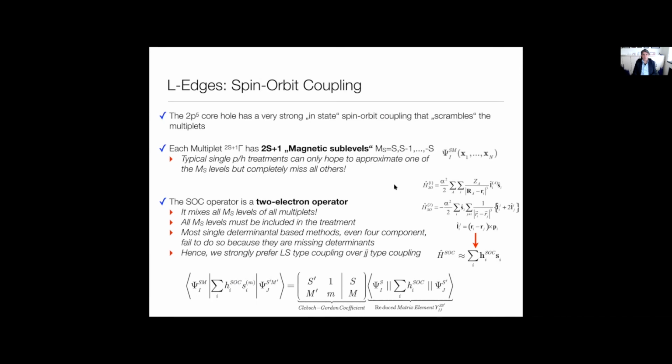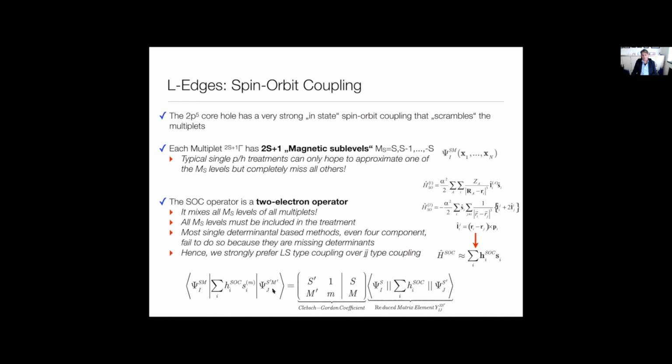Then we also need to take care of the fact that the spin orbit coupling operator is a 2-electron operator. It contains a one-electron part, and then it contains the spin-same-orbit and spin-other-orbit contributions, and you need to take care of them. So that's a fairly complicated electronic structure problem, but it's doable.